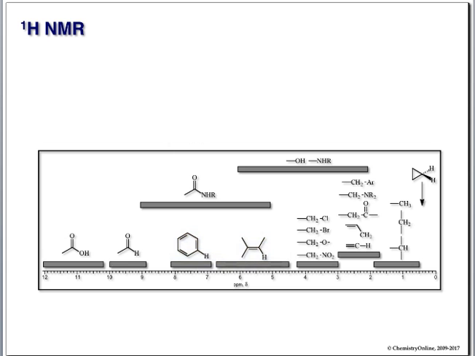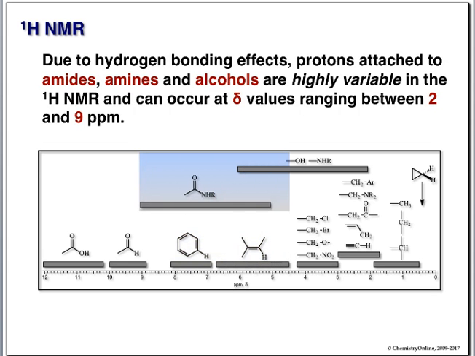Up top here, we have amide hydrogens, OH hydrogens, and amine hydrogens. And you'll note that these are huge ranges. That's because, just like in the IR, remember we had trouble with hydrogen bonding? We got that big, broad peak due to hydrogen bonding. Well, the same sort of thing happens with these guys. They can hydrogen bond.